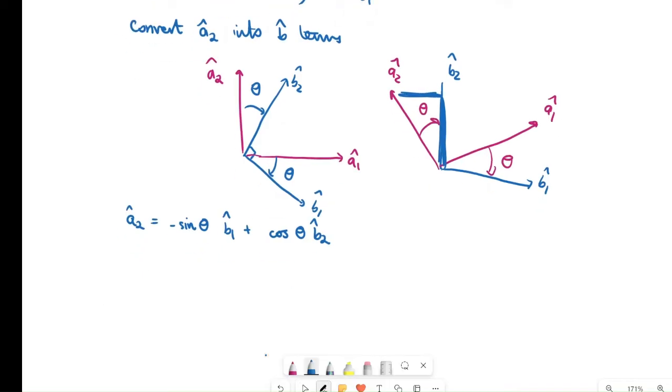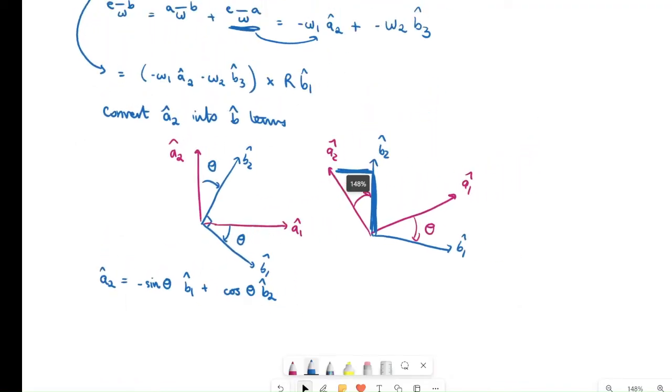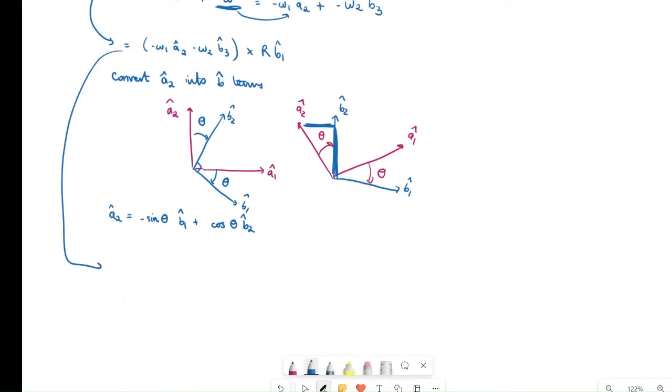Okay, so that's cool. So now we can rewrite this expression as negative omega 1 times negative sine theta b1 hat plus cosine theta b2 hat, right? I'm replacing the a2 hat, minus omega 2 b3 hat crossed r b1 hat.